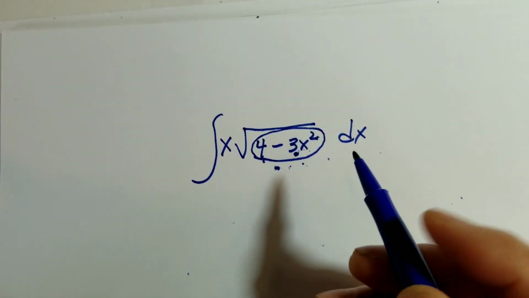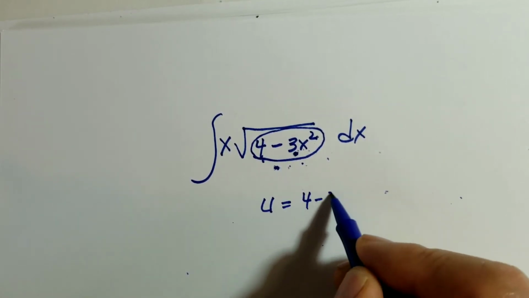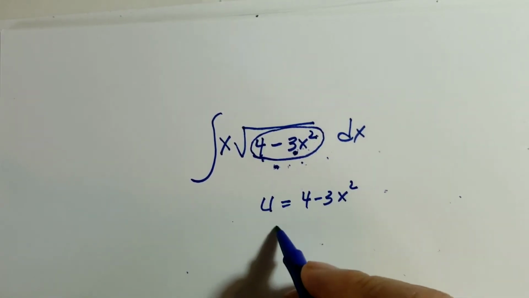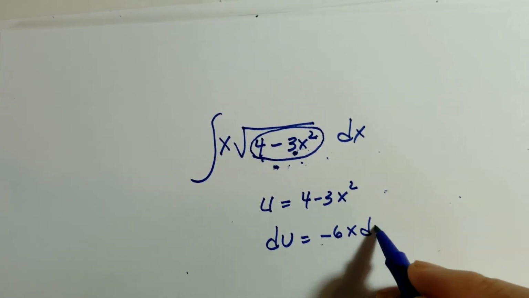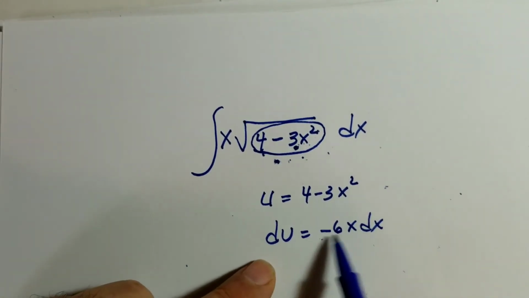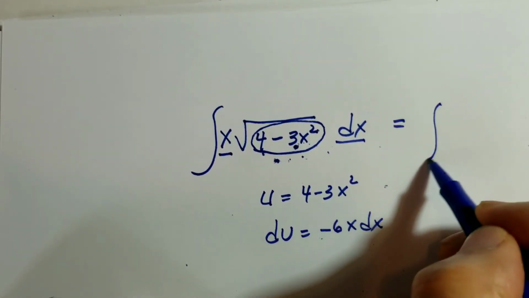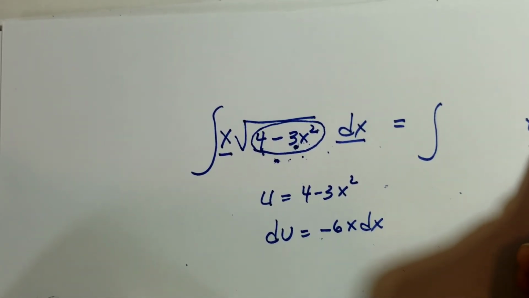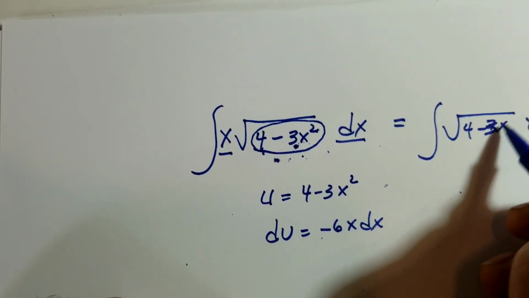That was your inside function. My inside function is 4 minus 3x squared. And the differential of the inside function is negative 6x dx. I do have the x, I do have a dx. Therefore, I'm going to write x dx and 4 minus 3x squared.